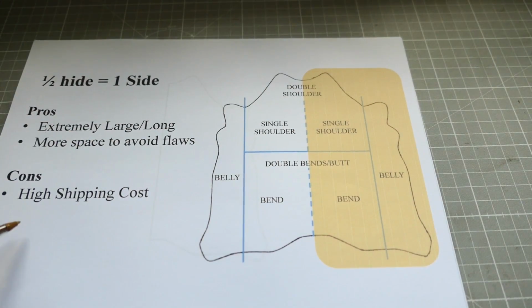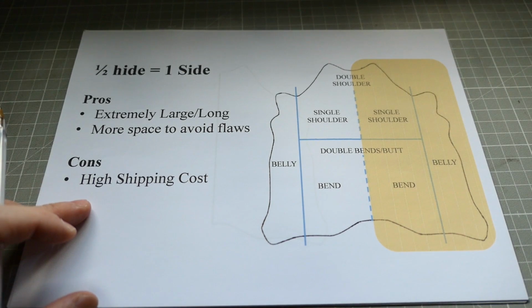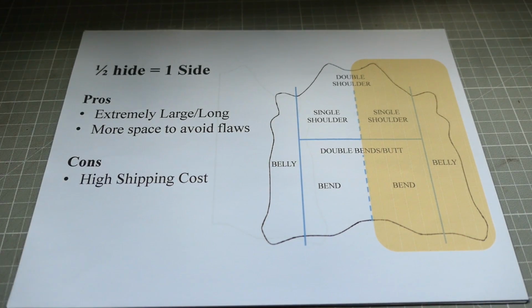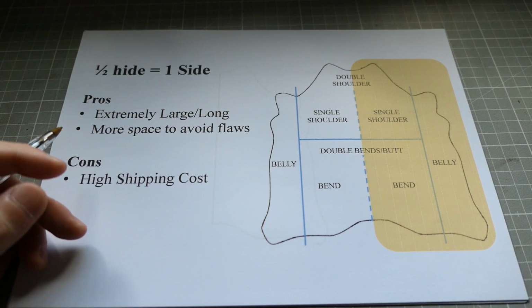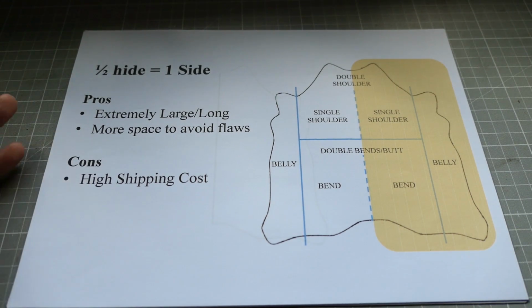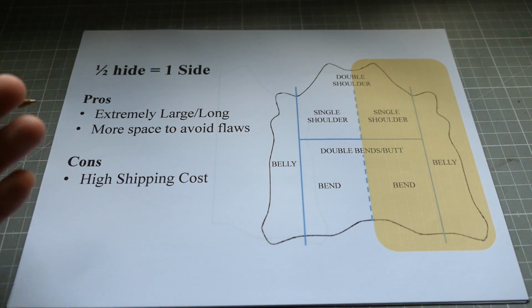It's possible. And what's bad about the one side, this half hide, is that the shipping cost is usually huge. If you're buying domestically, I think it's not a problem, but because of how leather is preserved and shipped, they have to roll it into a very long roll of leather, and it's extremely long, so the shipping is extremely expensive because it's an irregular shape.